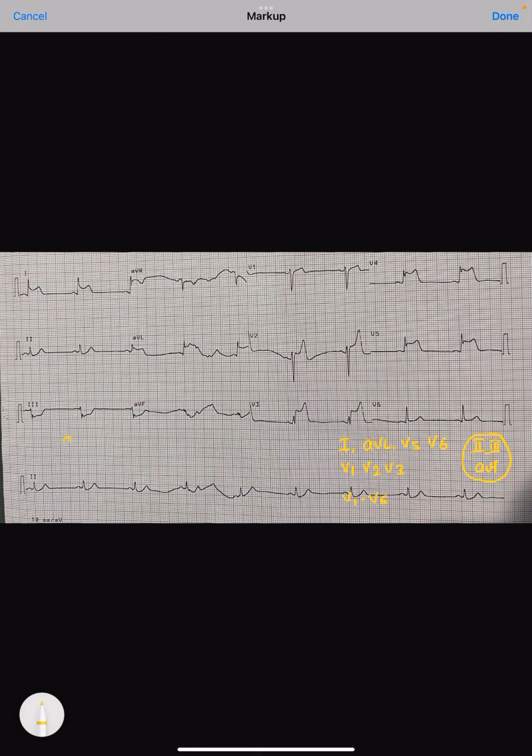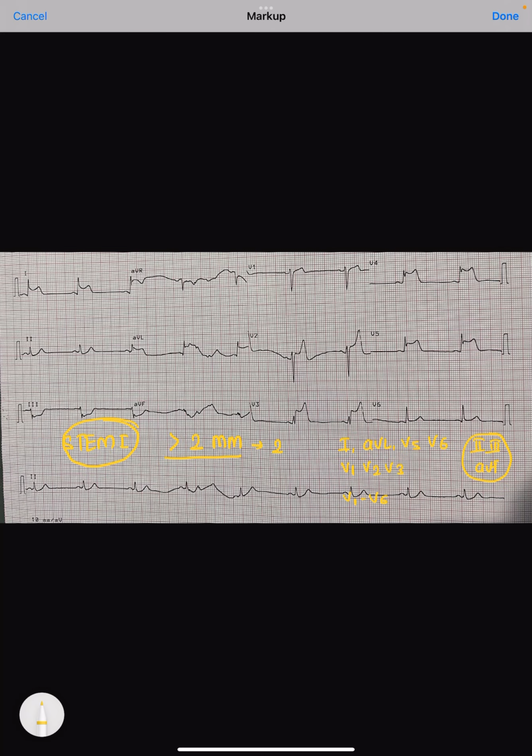Whenever we call it STEMI, or ST elevation MI, the criterion is that the chest leads should have ST elevation of more than 2 millimeters, in two consecutive leads, meaning V1 V2, or V2 V3, or V3 V4, or V5 V6.